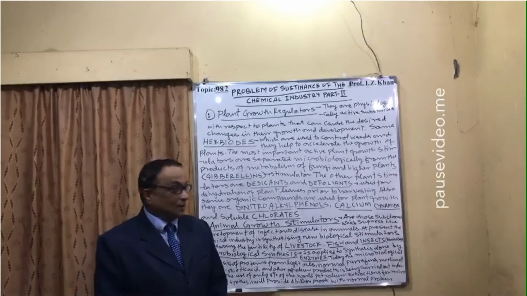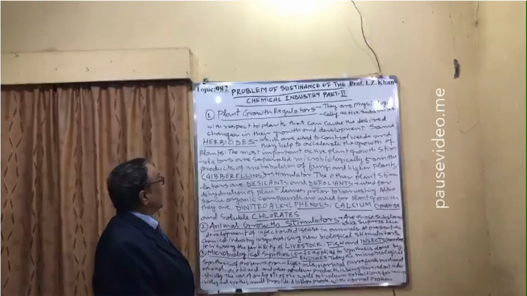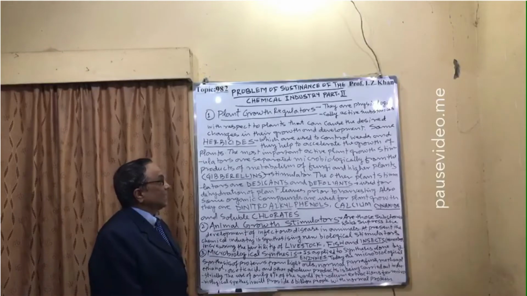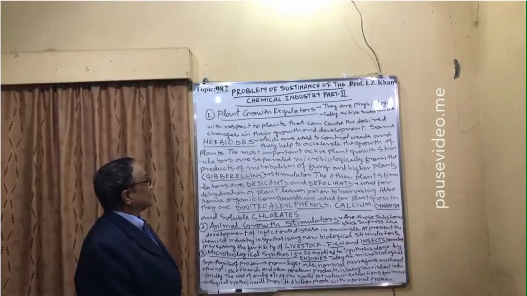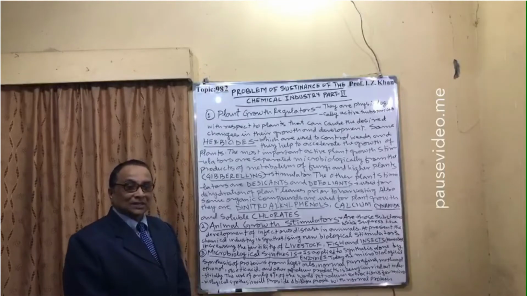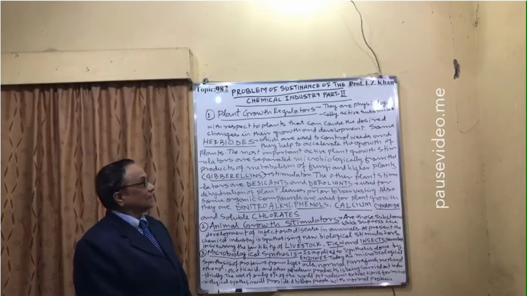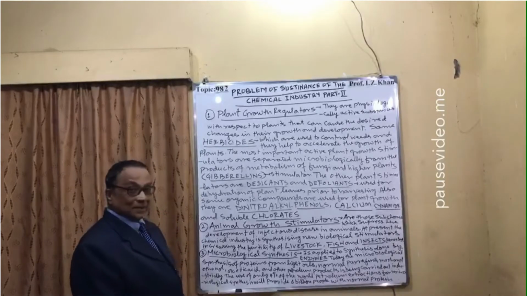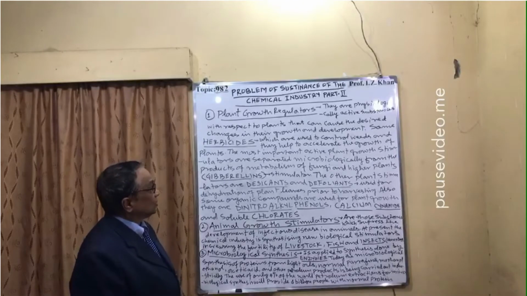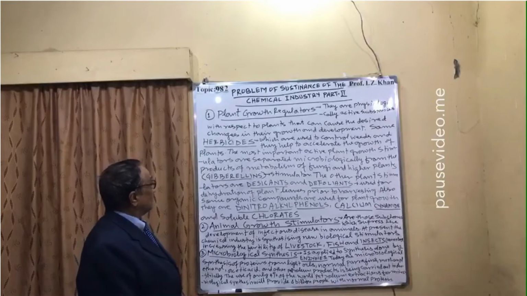wheat crops. So they are physiologically active substances with respect to plants, and that can cause the desired changes in their growth and development. Also, these substances can bring the change in their physiological aspect as per our desire and demand. And some herbicides which are used to control weeds help to accelerate the growth of plants.